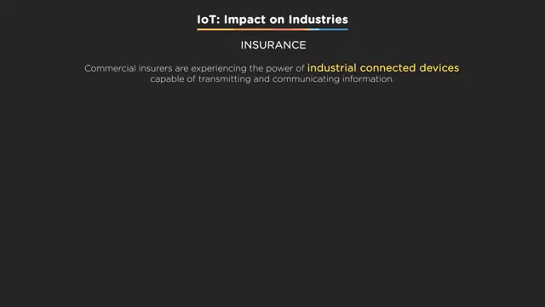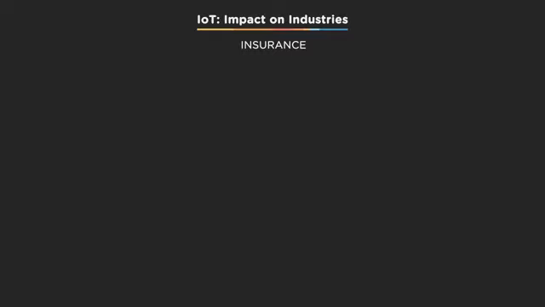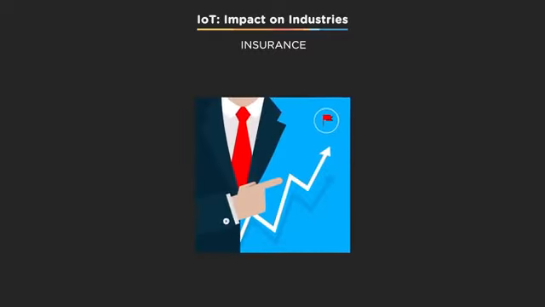Commercial insurers, who traditionally underwrite multi-location industrial units and heavy-duty machines and boiler units, are now experiencing the power of industrial connected devices capable of transmitting and communicating information in real time. These devices help insurers adopt a dynamic rating model that enables risk-based pricing for customers.